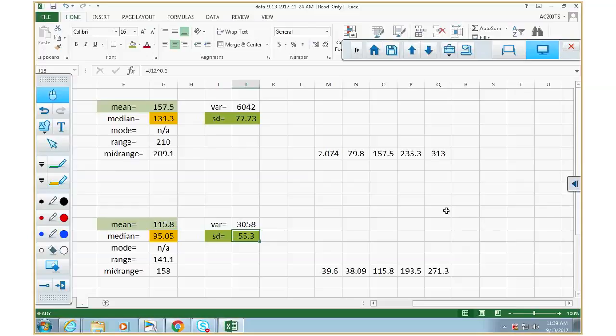All right, now let's do the 5-number summary. Start with the minimum, first quartile, the second quartile, third quartile, and the max.